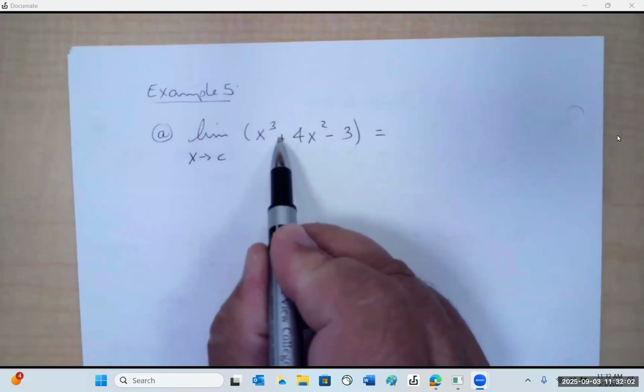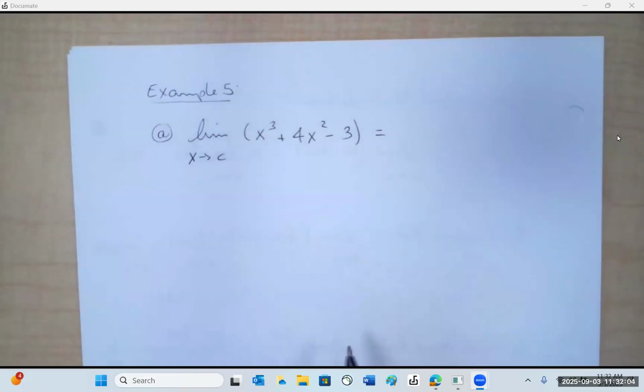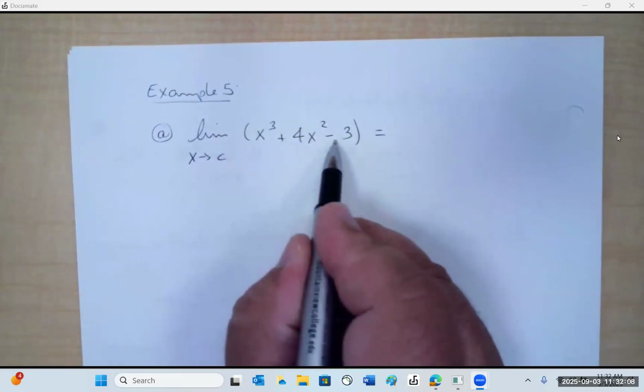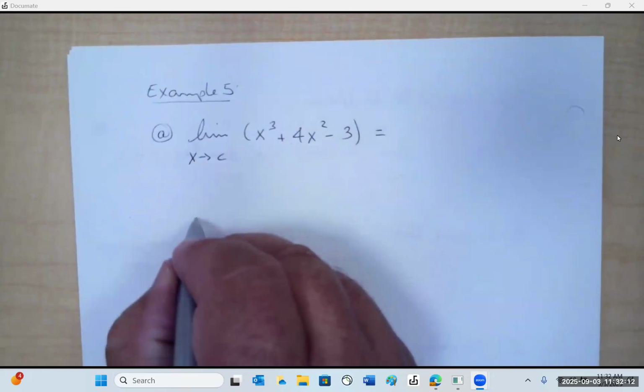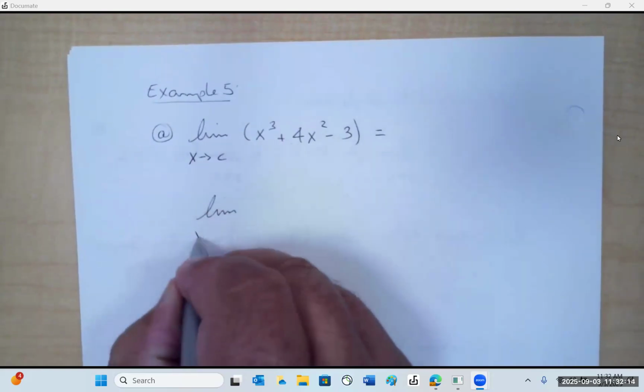Because we have three separate terms here, with addition here and subtraction here, we can use the first two properties. We can split these up.